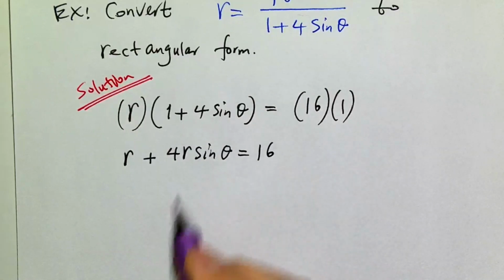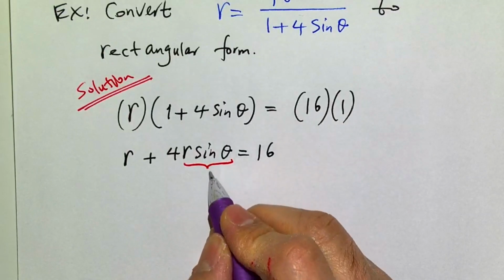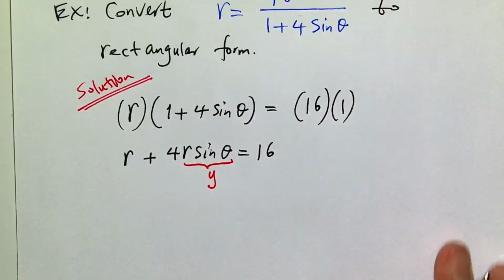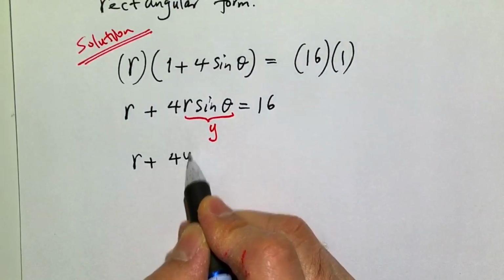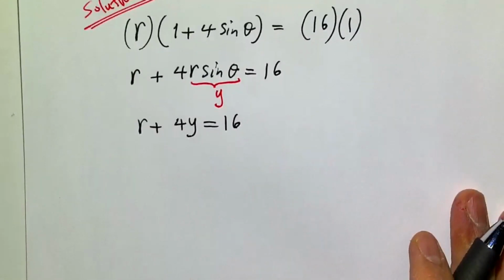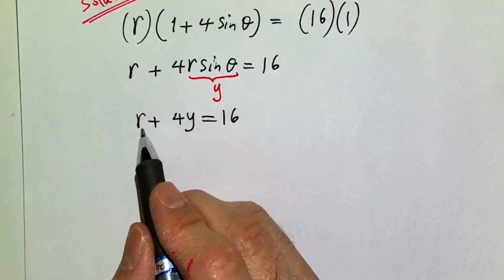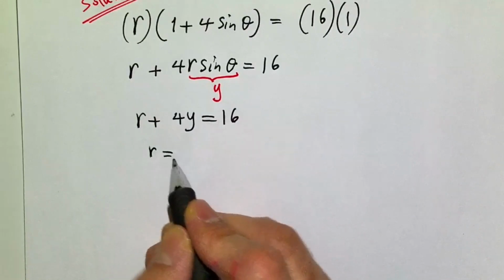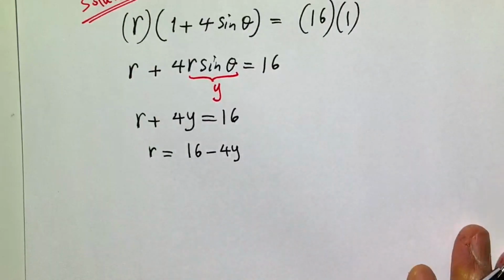So you already know, we've done this before, that r sine theta is equal to y, right? So what we have here is r plus 4y equals 16. Let's move everything that is not r to the other side. So we have r equals 16 minus 4y.